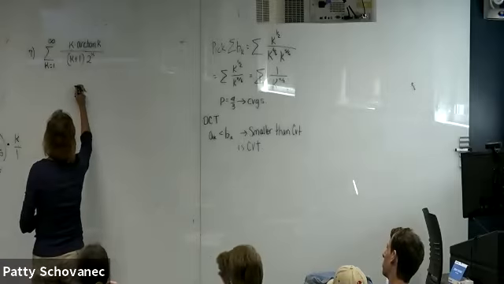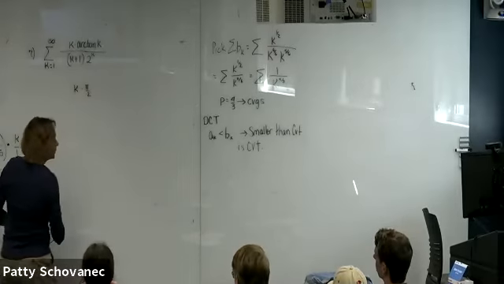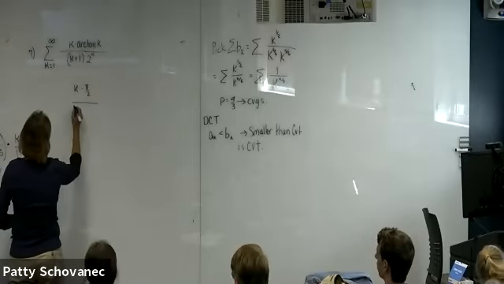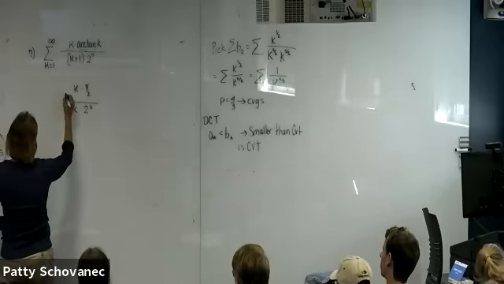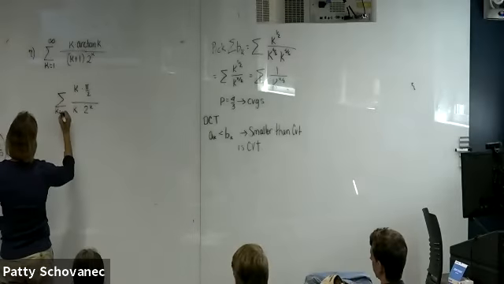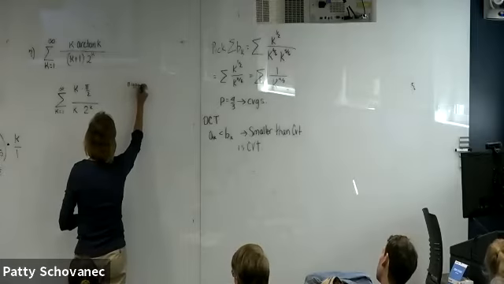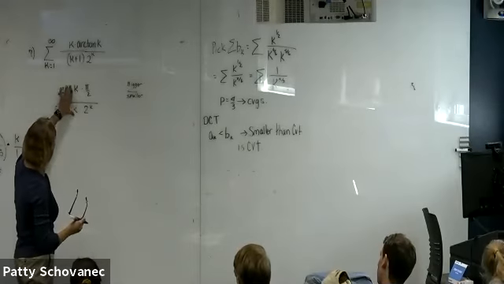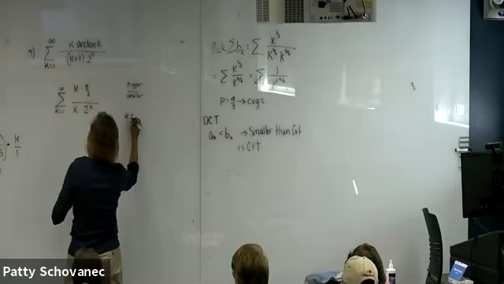So if I keep the k there and put a pi over 2 here, I've made the numerator bigger. And then if I just throw the 1 away, I've made the denominator smaller. My numerator is bigger and my denominator is smaller than the original one, which makes this one bigger than that one, right? So we got the size going here first.